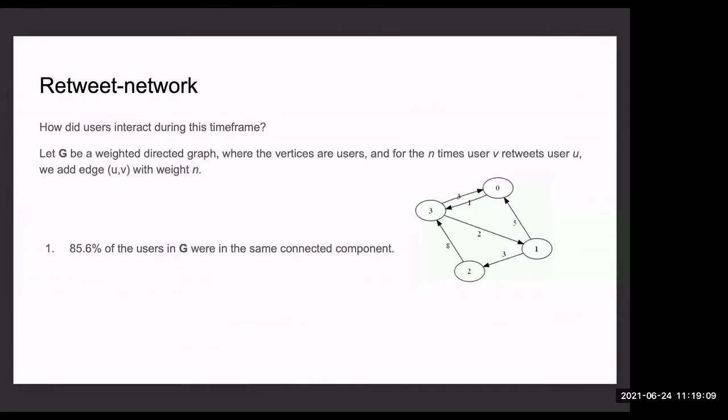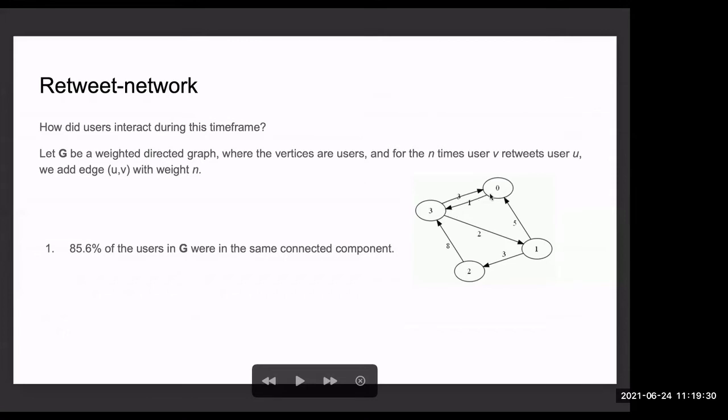The next step was to look at how users interacted, in a way that the API allowed us to do. What was done was that we had a directed graph, a retweet graph, actually. The nodes are users, and every edge is the number of times a user has retweeted another user.